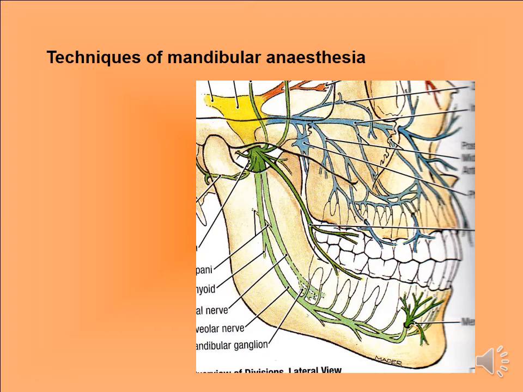The first part goes outside, separating from the inferior alveolar nerve, and supplies the gingival mucosa of the anterior teeth and the labial mucosa of the lower lip. The other branch continues to supply the canine, premolar, lateral, and central incisor.